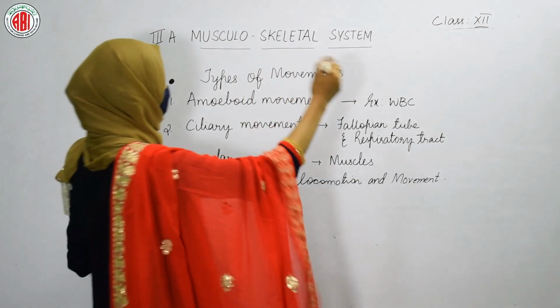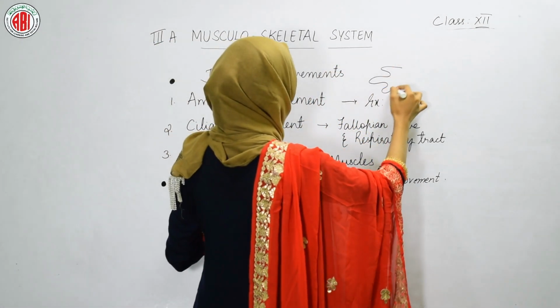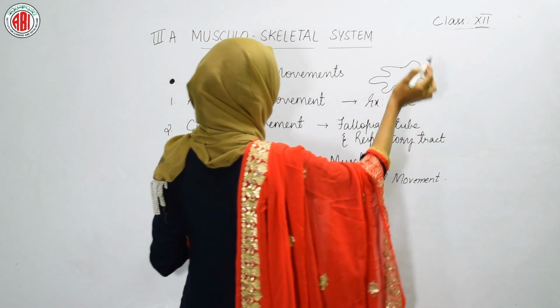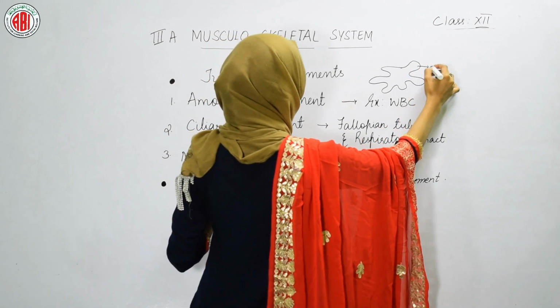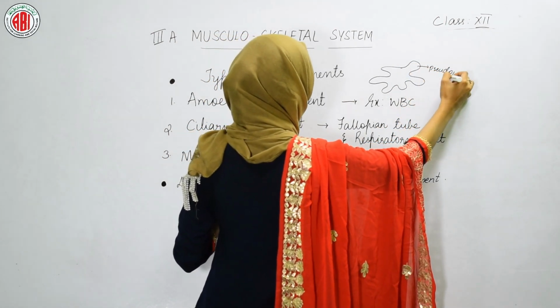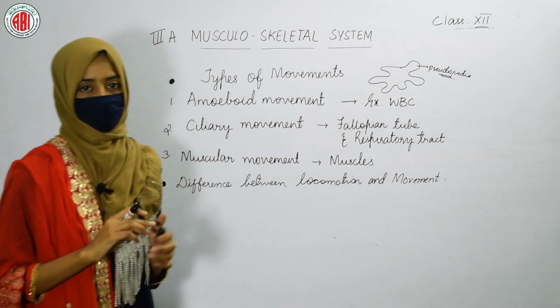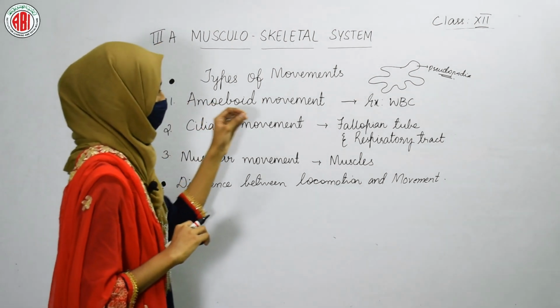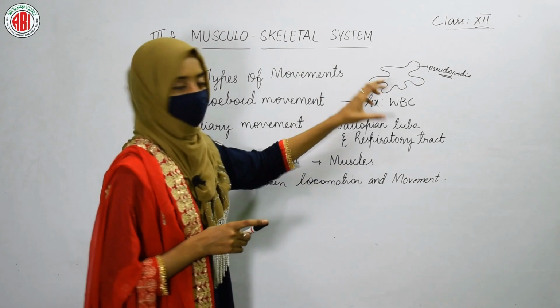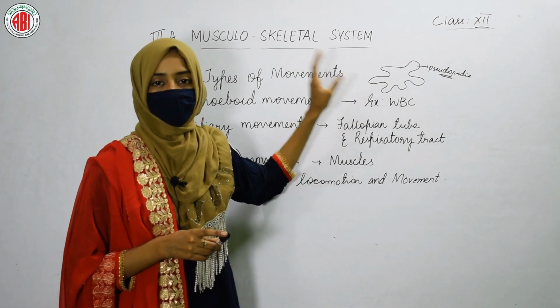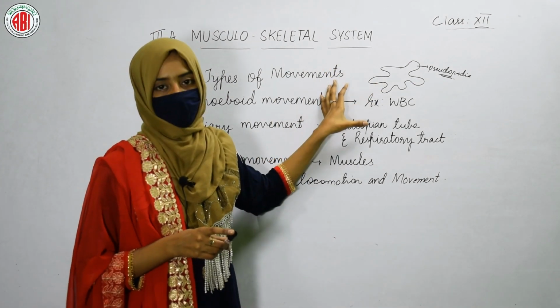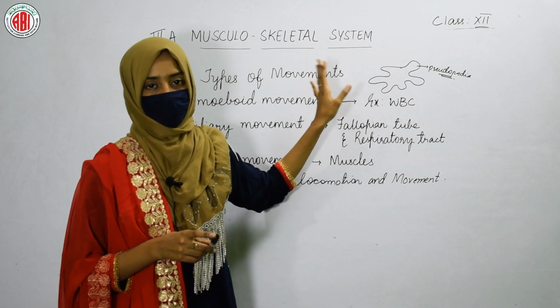Amoeba is a microorganism which possesses structures called pseudopodia. They use this structure for locomotion, a crawling type of movement. It crawls on the surface and moves from one place to another.